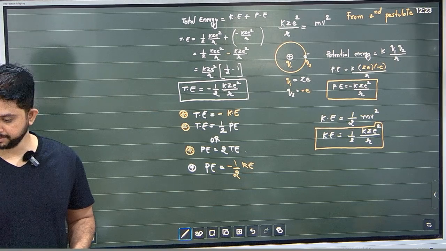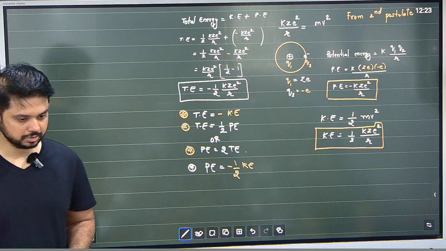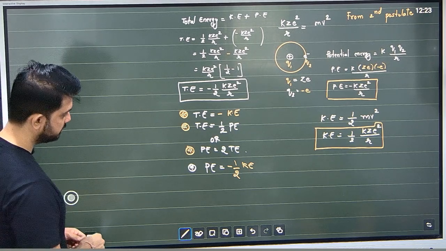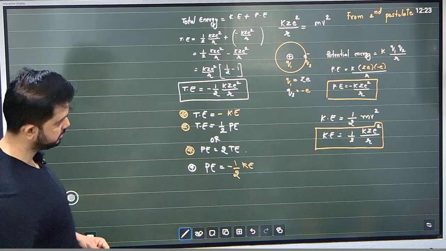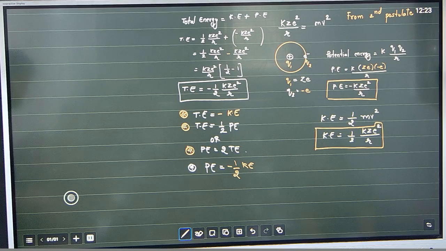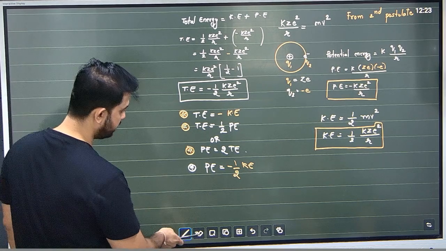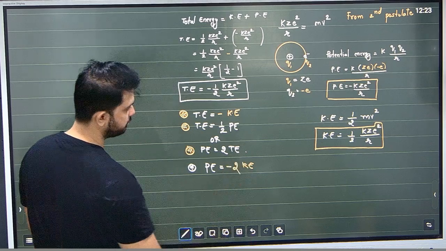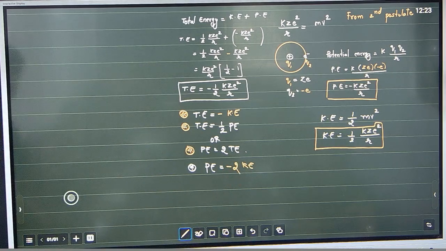With me till here? Yes or no? I'm sorry, I wrote it the other way round. It should be negative 2. It's negative twice of, pardon me, kinetic energy.